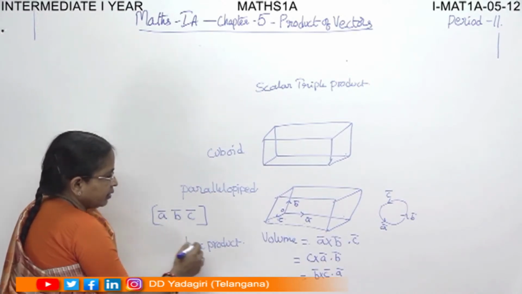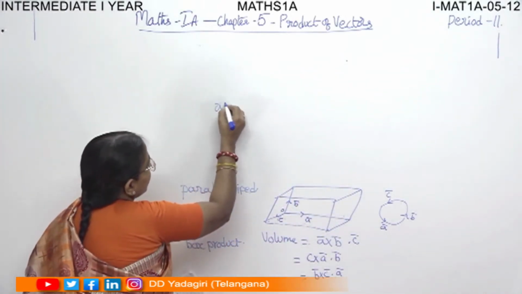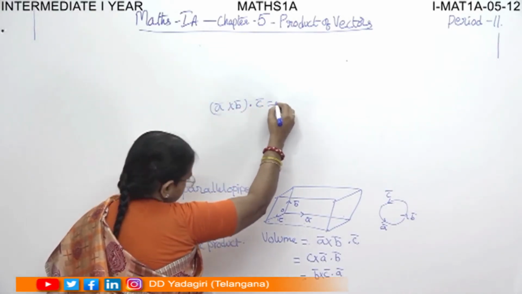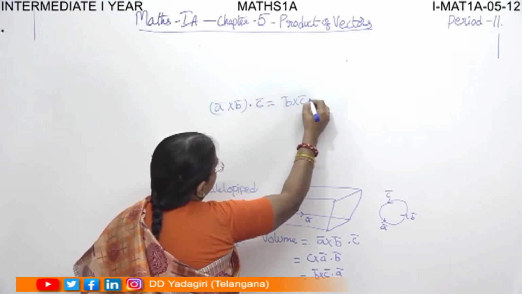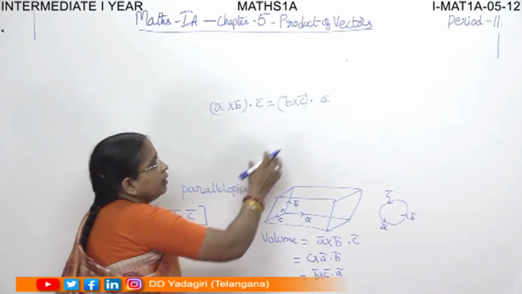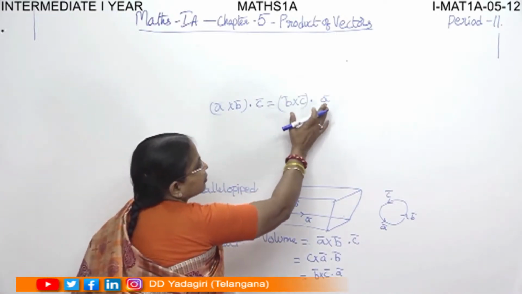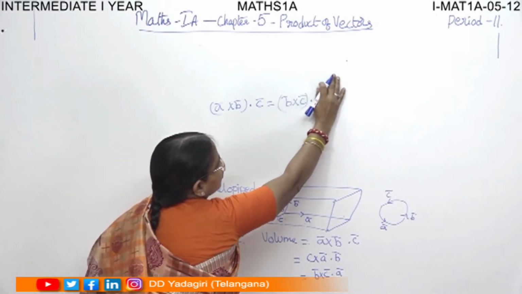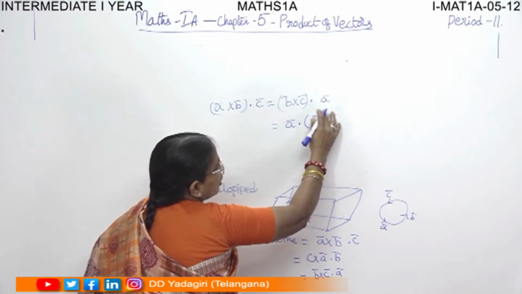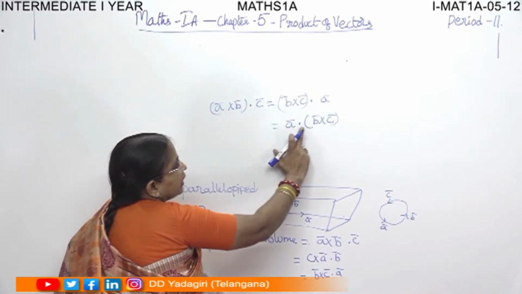Here is one more property we'll learn. All the three are equal now. So A cross B dot C is equal to B cross C dot A. Now we proved it is nothing but the volume of the same parallelepiped. Now dot product is commutative. We already know that dot product is commutative. So I can write A dot B cross C as B cross C dot A. Now if you observe these two, cross and dot are interchanged.